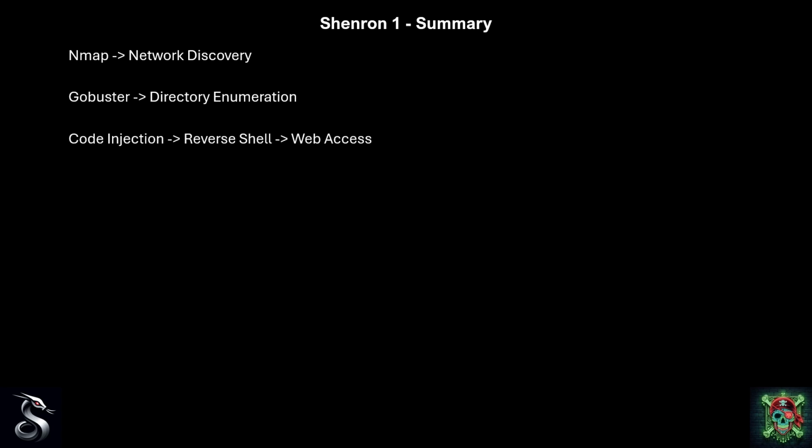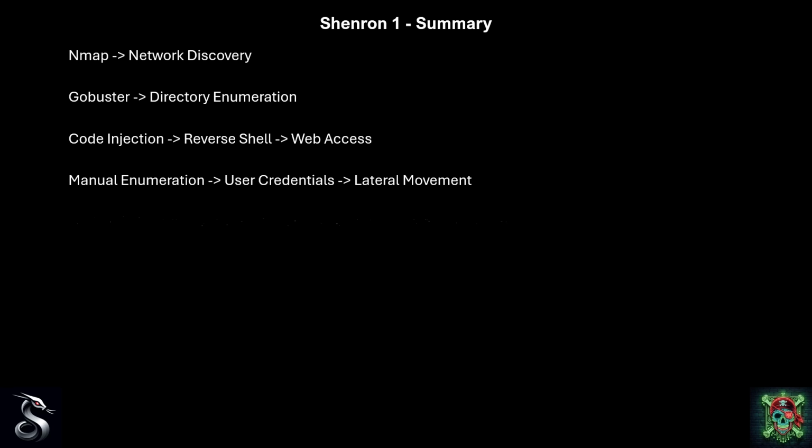So how did we do it? We used nmap to perform a network scan and identify our target machine. We used GoBuster to perform directory enumeration. We then used code injection to create a reverse shell and give ourselves user access. Next, we performed some manual enumeration to find a user password and switch to that user.